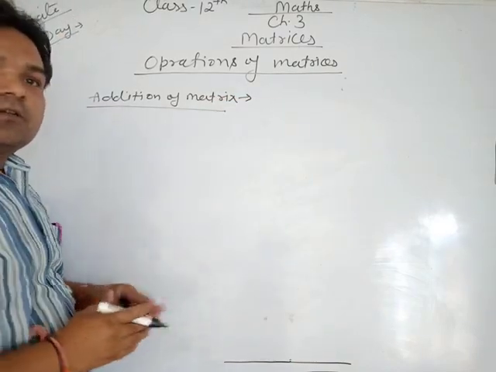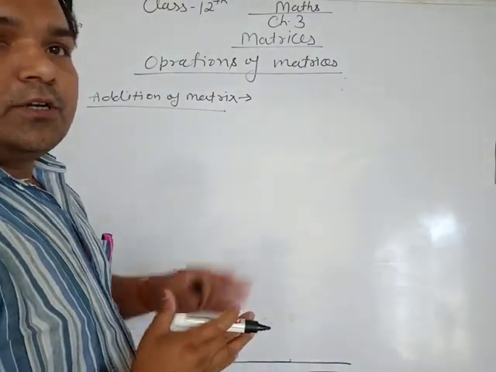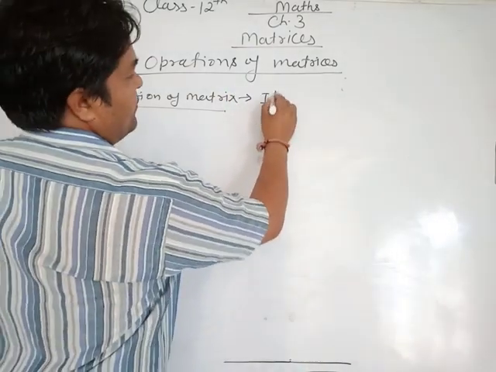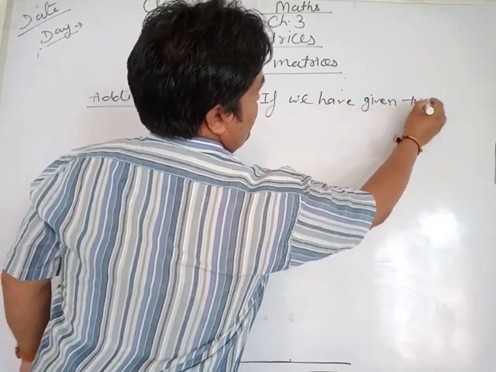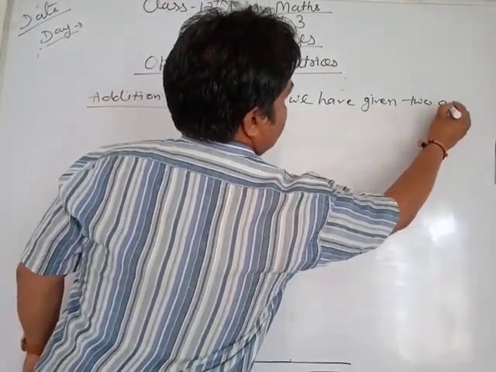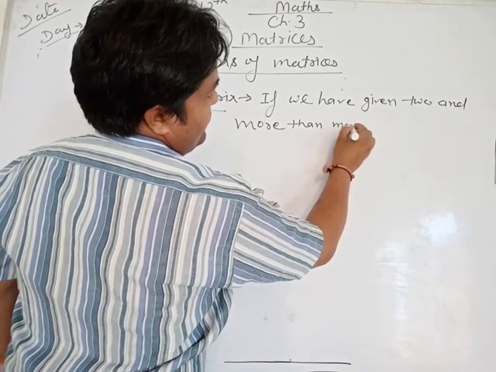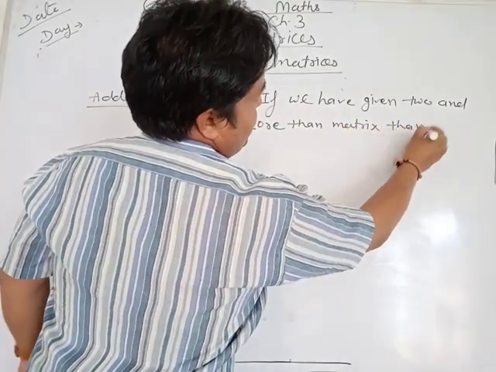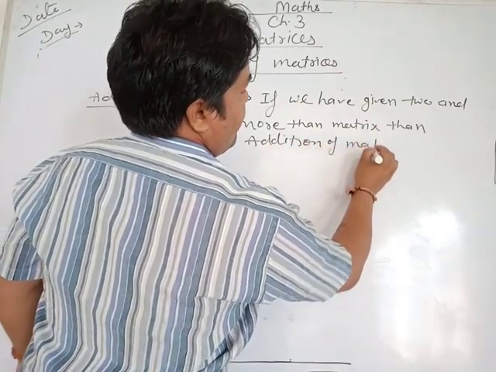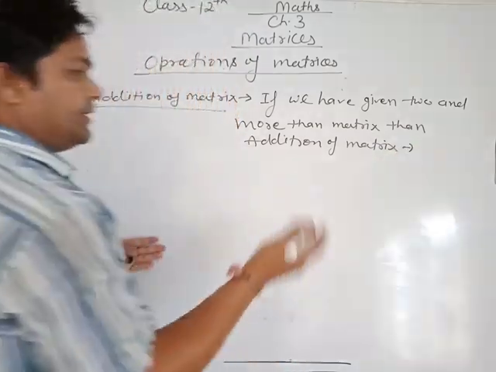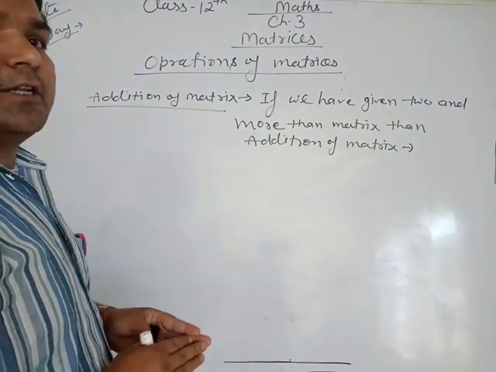If we have given two or more matrices A, B, C, how can we add them? In addition of matrices, we add the corresponding elements of both matrices.